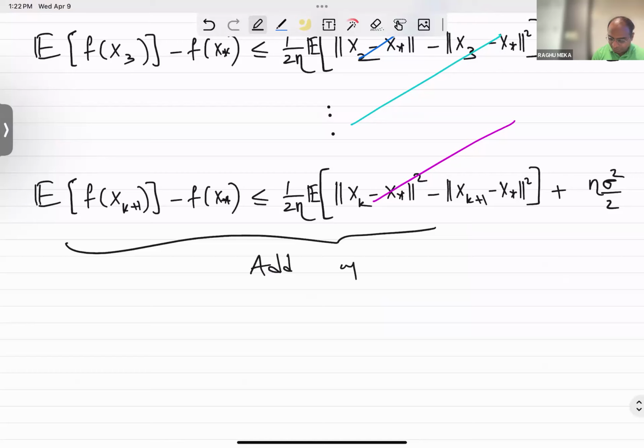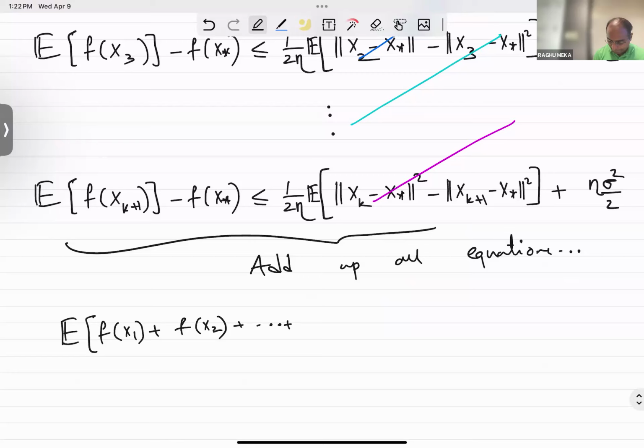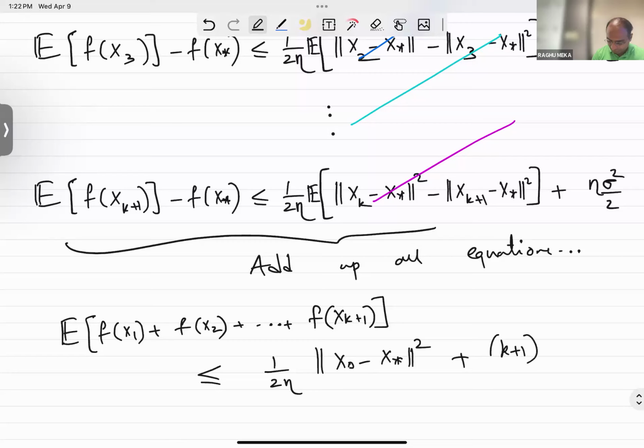So add up all equations and we get, so the only thing is that we have this k plus 1 times eta sigma squared that is carrying over from the noise.